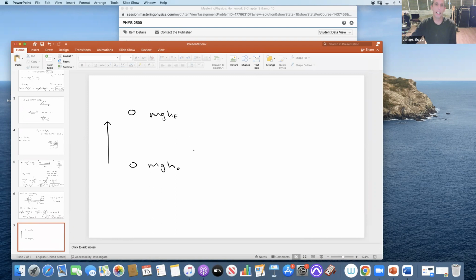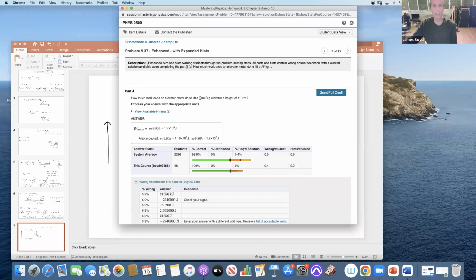It is lifting it against mg, so it's lifting it by delta h against mg, which means it has to do work of mg delta h. Might seem like we would have to do energy or something else, but this is really just the concept of work. 1,100 times 9.8, that's our mg, times our height change of 110 meters, is 1.2 times 10 to the 6, which is what they got.